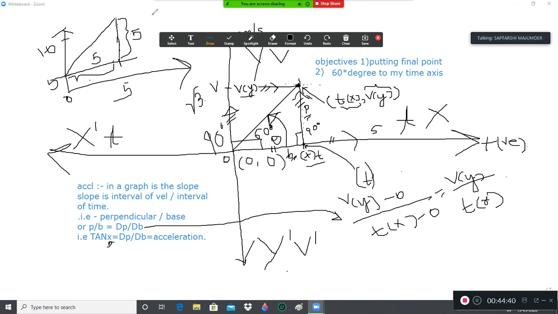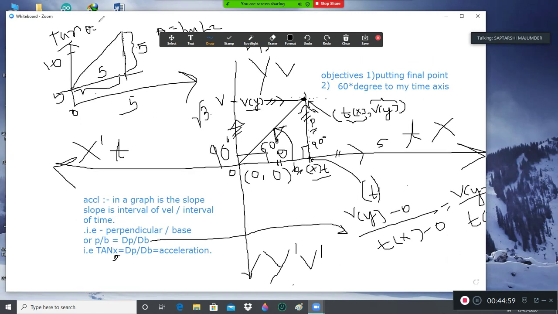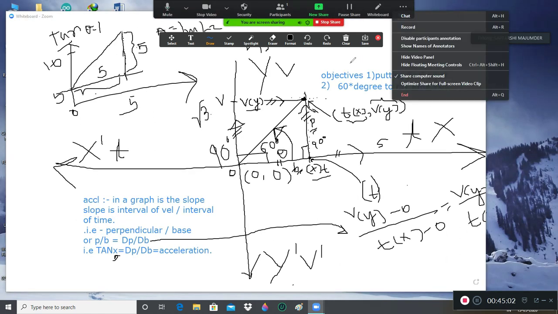So it's nothing but acceleration is 1 meter per second square, because here it's 5, here it's 5. Here what is the value of tan theta? Here the value of tan theta is 1.